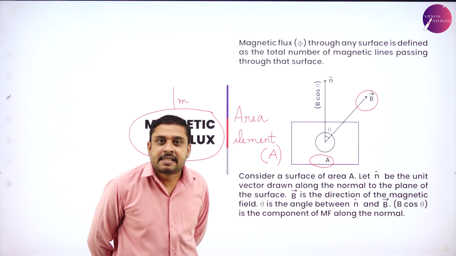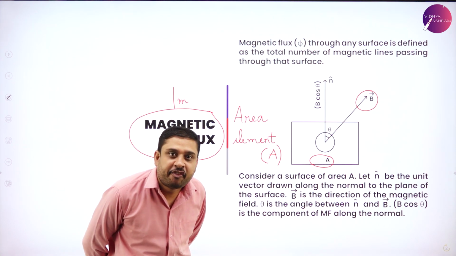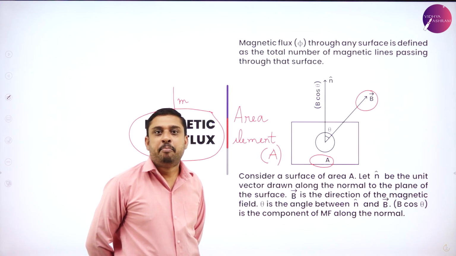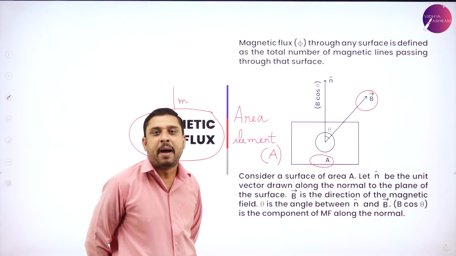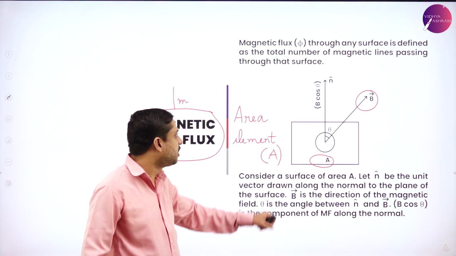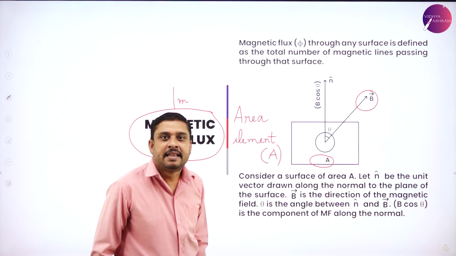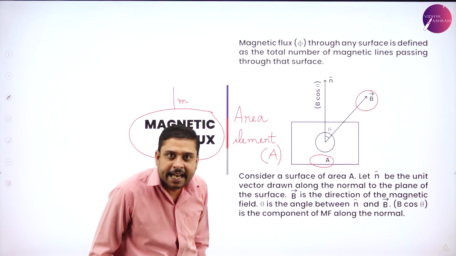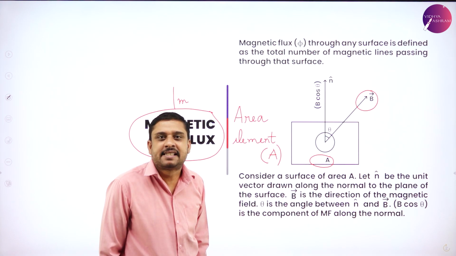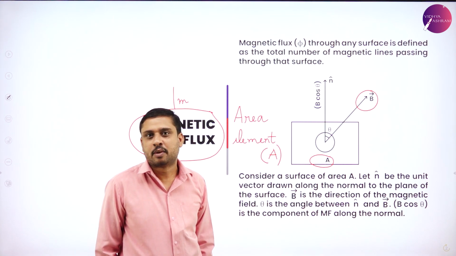E represents electric field strength. B represents magnetic field strength. So B is the magnetic field which acts radial to the given surface.